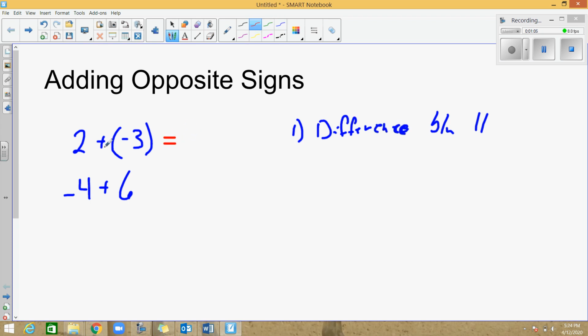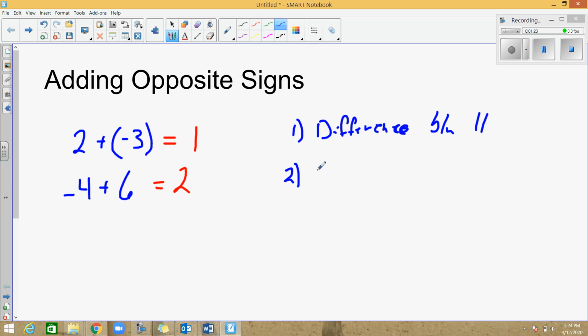This is 2, this is 3, the difference between 2 and 3 is 1. The difference between 4, because the absolute value of negative 4 is positive 4, and 6 is 2. So that's following one of those rules.